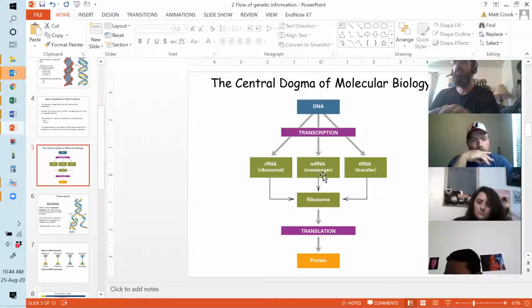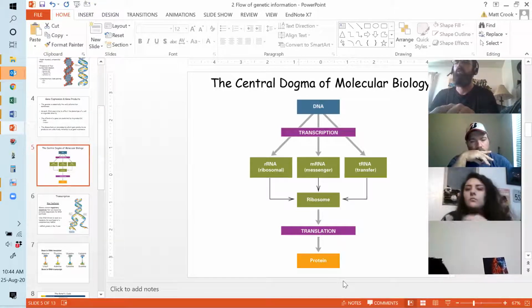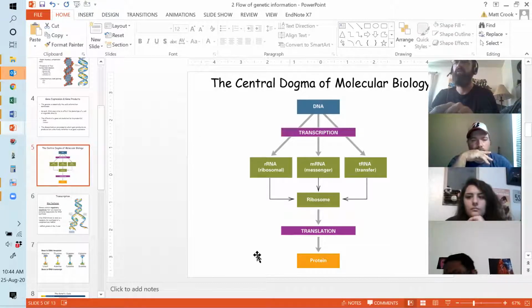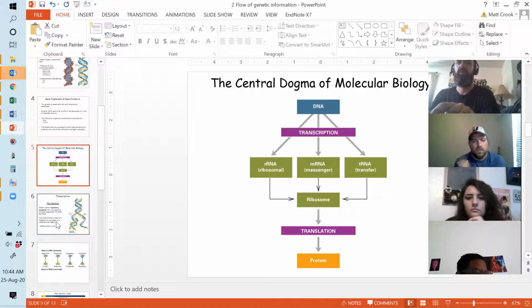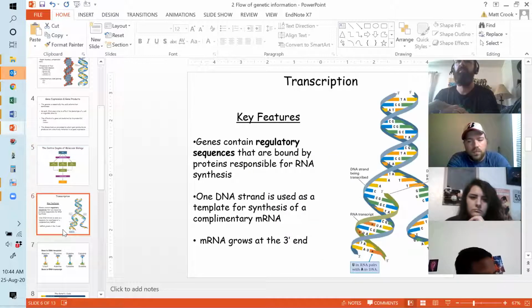So you use that mRNA to generate your proteins, right? And this whole process we'll be going into in quite significant detail in the second section of the course. But it's good to get this fresh in your head because it's really important stuff to know.